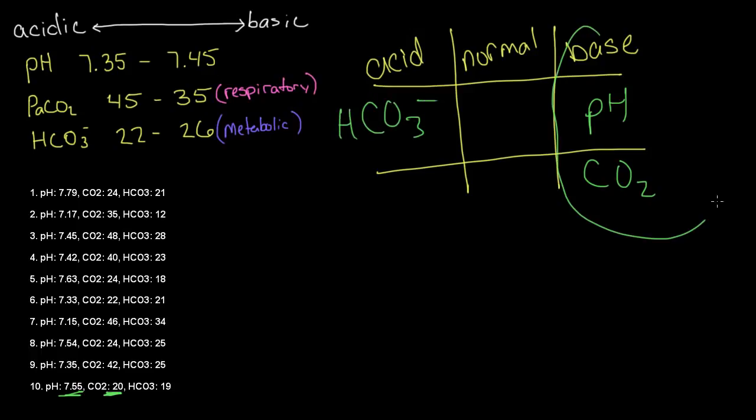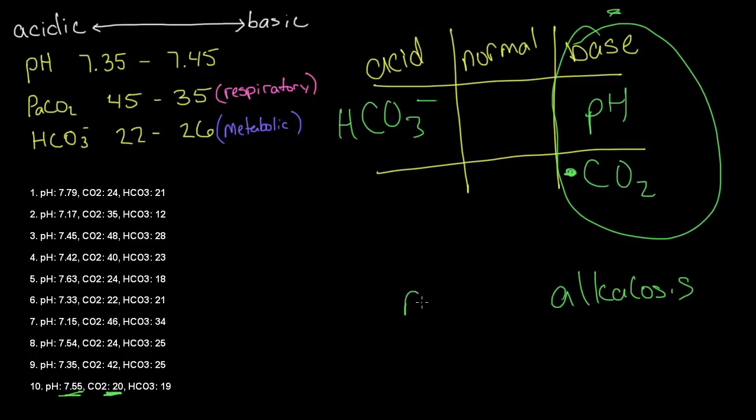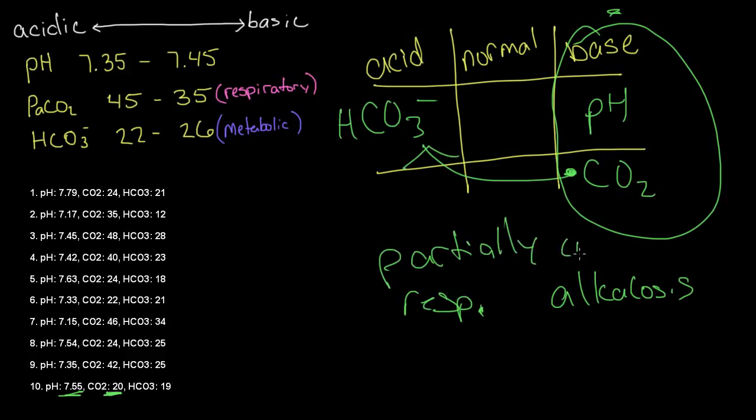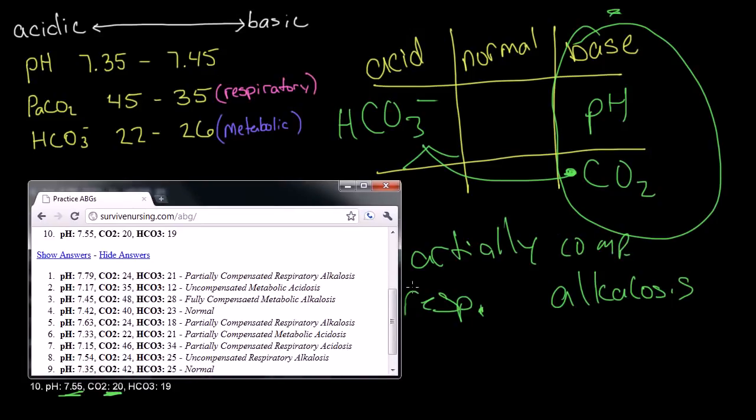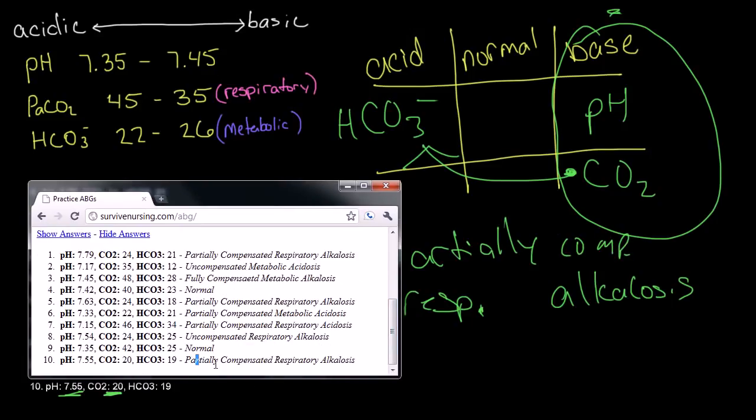So tic-tac-toe here, basic column, so alkalosis. Our parameter used to make it up is CO2. CO2 is a respiratory value, respiratory alkalosis, and our opposite parameter is partially compensating. So let's go ahead and double check our answer here. Partially compensated respiratory alkalosis. Okay, so this is correct.